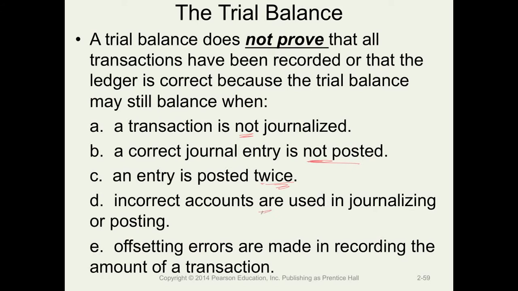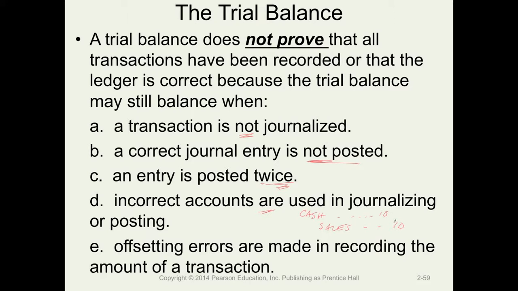Incorrect amounts. So debiting for $10 and crediting for 10 will balance the ledger, but maybe instead of 10, that account should have been 100. So in other words, let's say you have cash and sales. You're recording a sale, and the sale was for 100, but you only recorded it as 10.